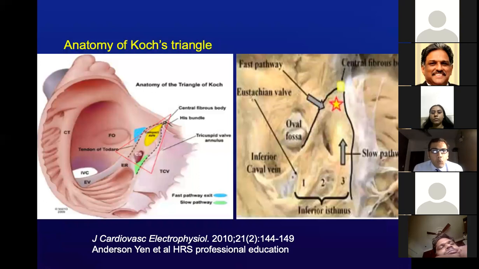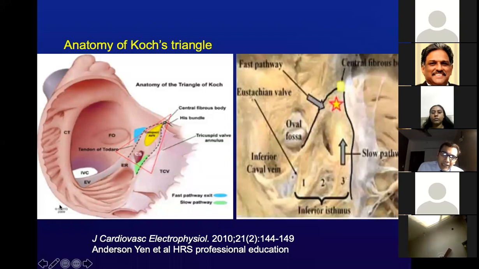Now, what structures do we see within the right atrium? Remember, we talked about the RAO view. So this is the RAO view in which the heart has been opened up. The front of the heart, the anterior wall of the heart, has been peeled away to reveal the lateral part of the right atrium and the medial part of the right atrium.